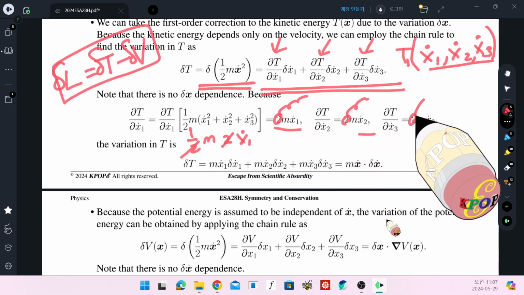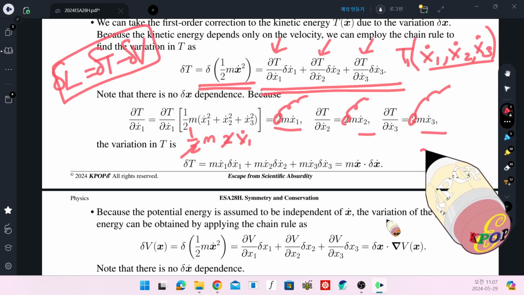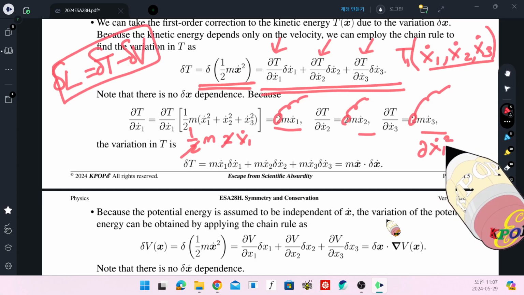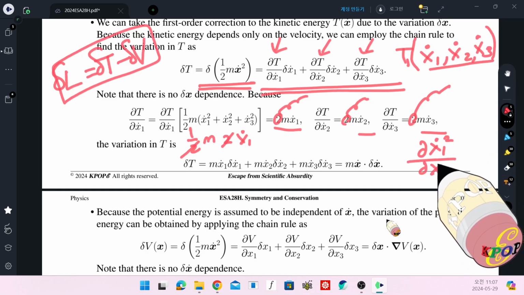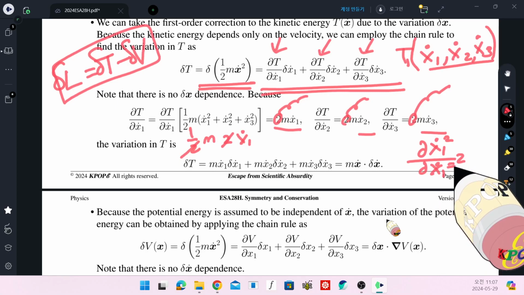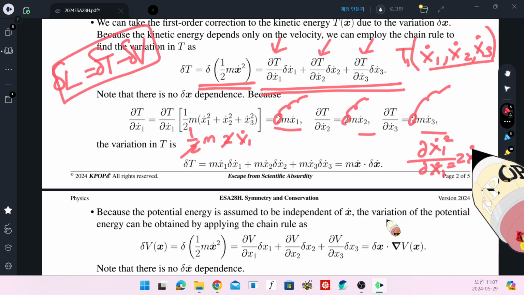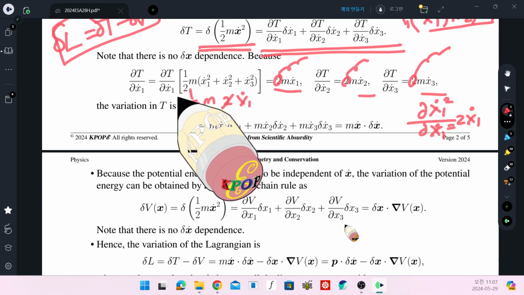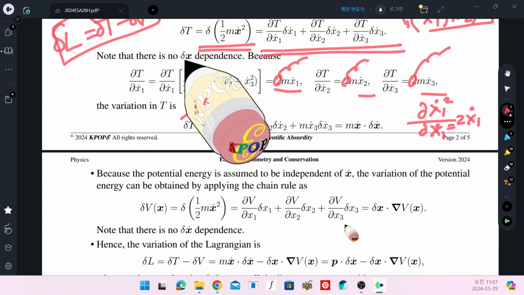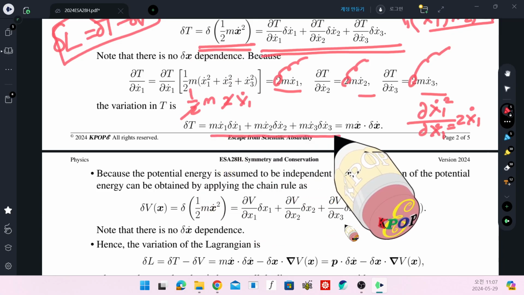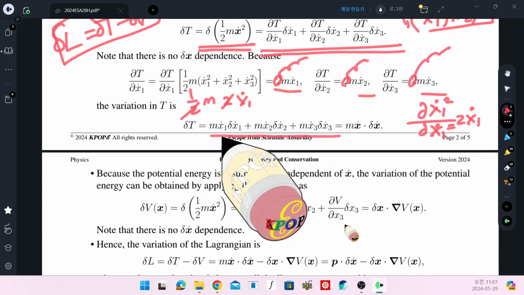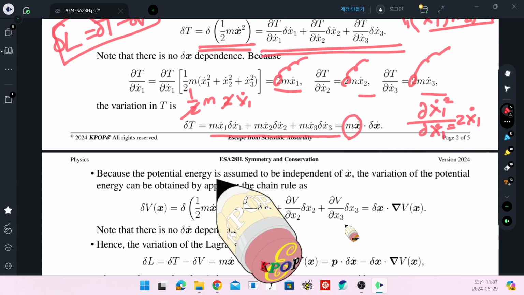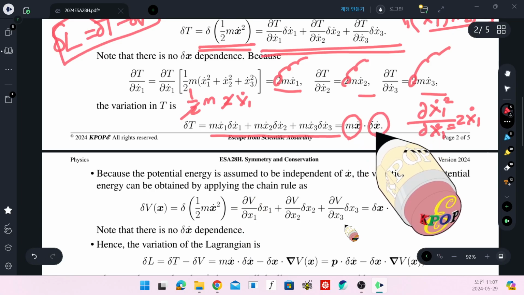Note that the derivative of x1 dot squared equals 2 x1 dot, and so on. All right. As a result, the variation of the kinetic energy is given like this. This is a scalar product of the linear momentum and the variation of the velocity.